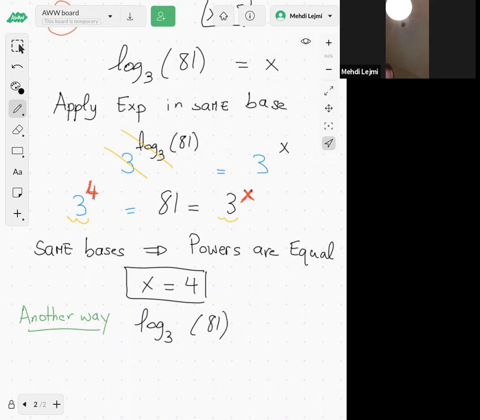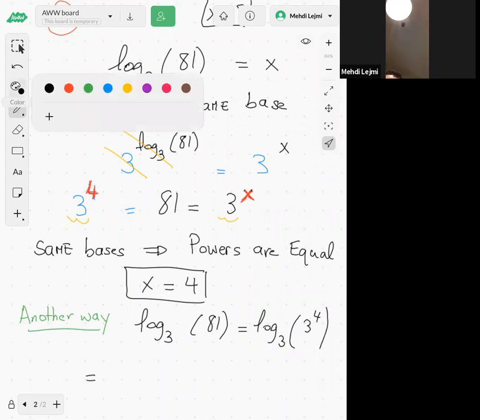So then you can say, we know that 81 is 3 to the power 4, right? And remember, guys, we said if you have some power inside the log, then you can put this power down in front of the log.